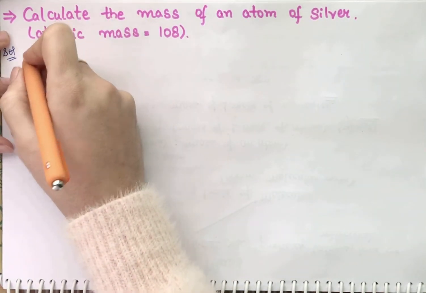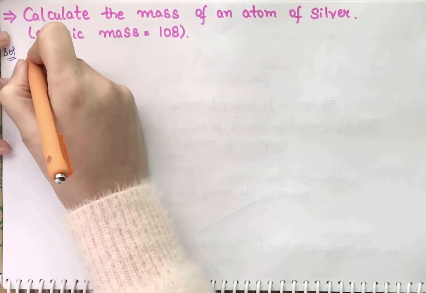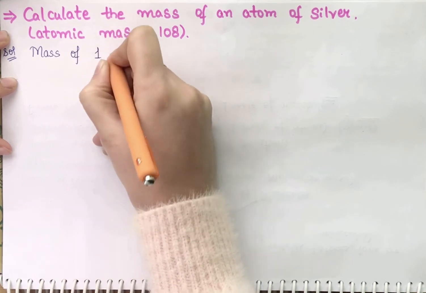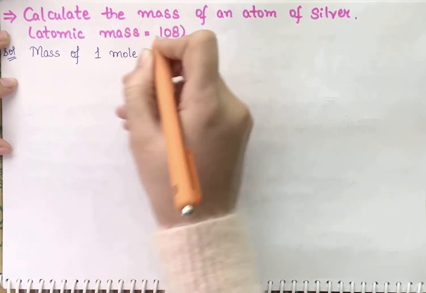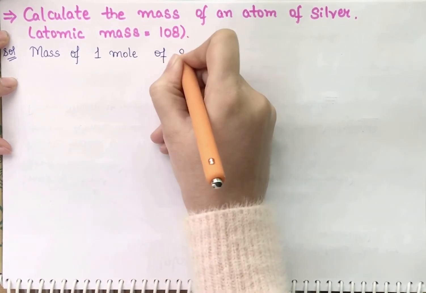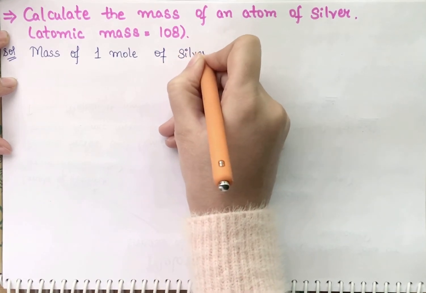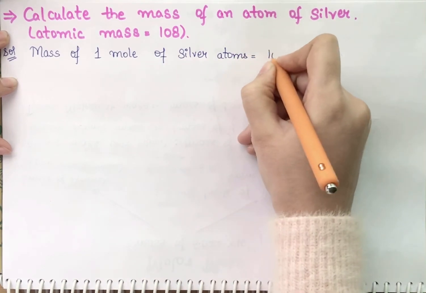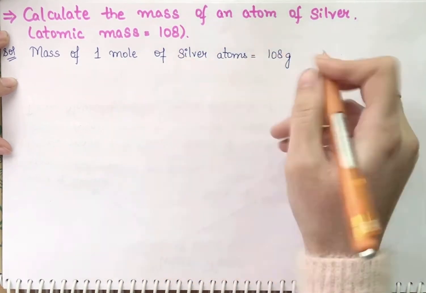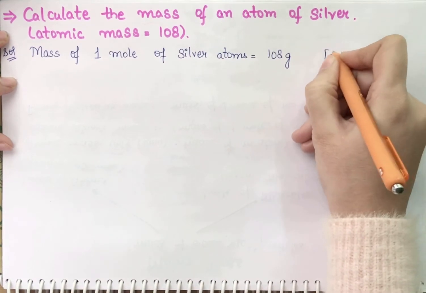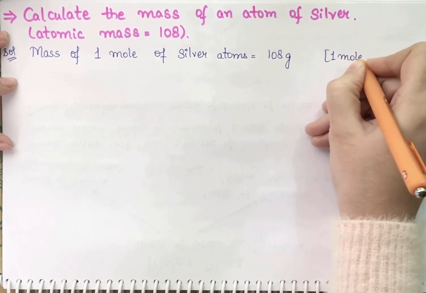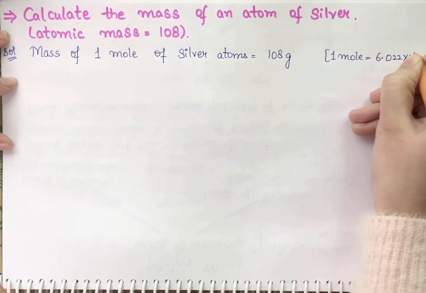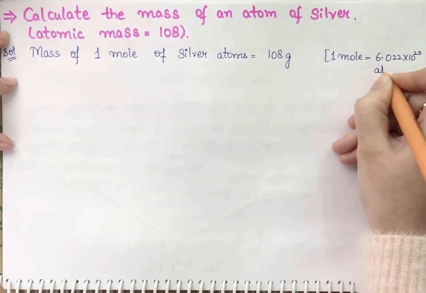So you can write over here, mass of 1 mole of silver atoms equal to 108 gram, right? Now in 1 mole we are having how many particles? 6.022 into 10 raised to power 23 atoms, right?